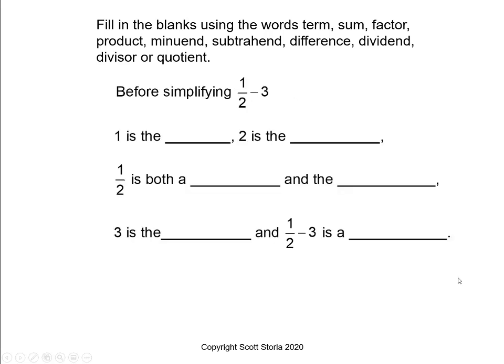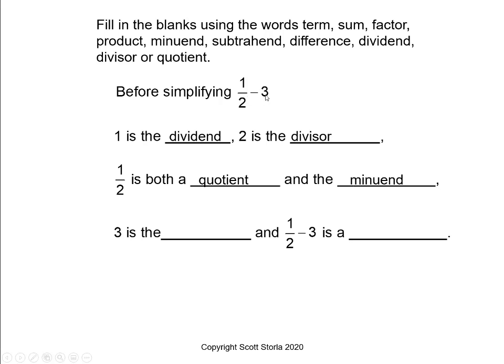Try this one. I have 2 operators, division and subtraction. Since 1 is above the bar, it's going to be the dividend. Since 2 is below the bar, it's going to be the divisor. 1 divided by 2 is both a quotient, and since that quotient is to the left of the dash symbol, it's also the minuend.